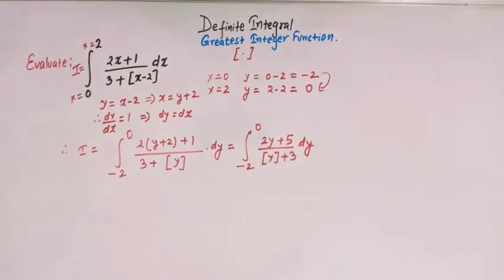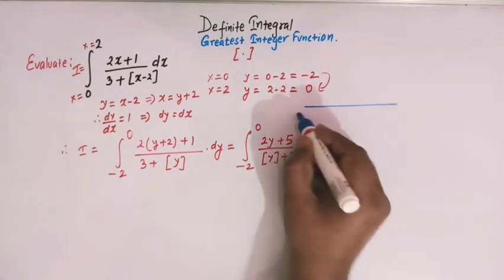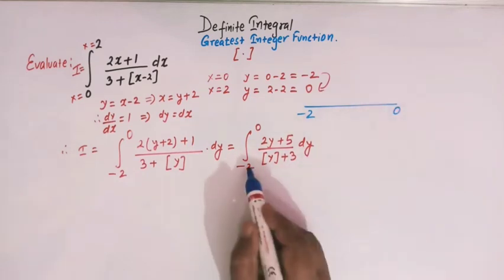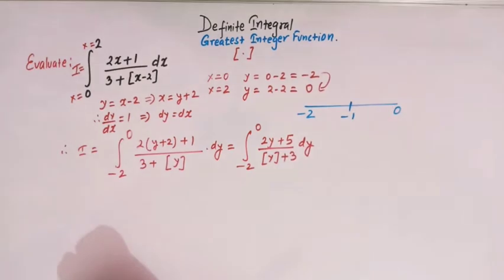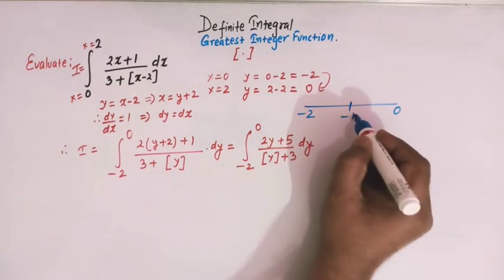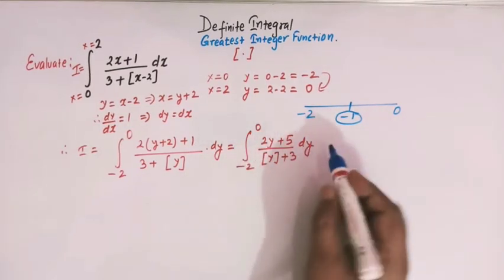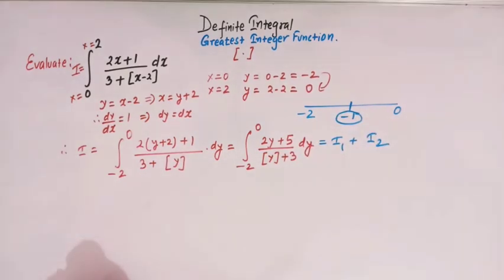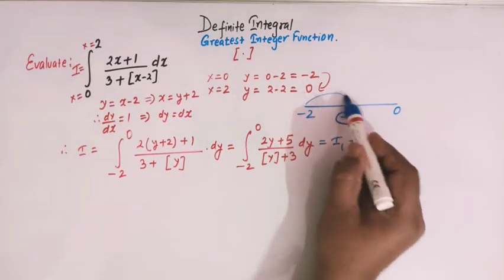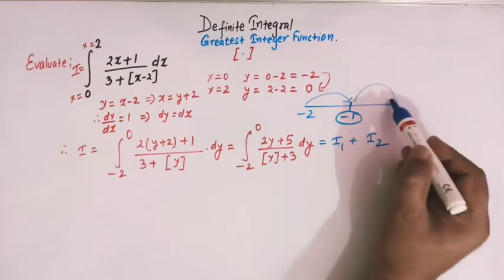Now viewers, we see that the limits of integration vary from minus 2 to 0, and between minus 2 and 0 we have the integer minus 1. So we'll take this minus 1 as the point where we can break this integral as a sum of two integrals, I1 and I2. I1 goes from minus 2 to minus 1, and I2 goes from minus 1 to 0.